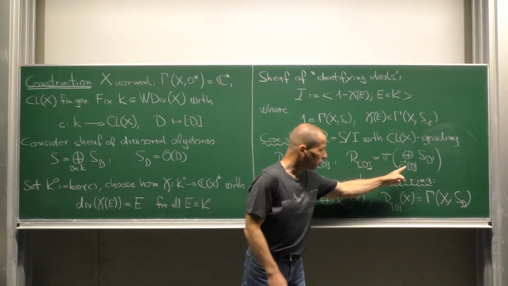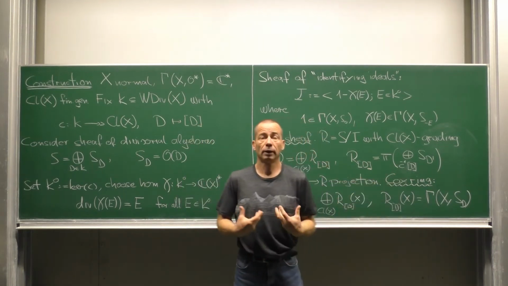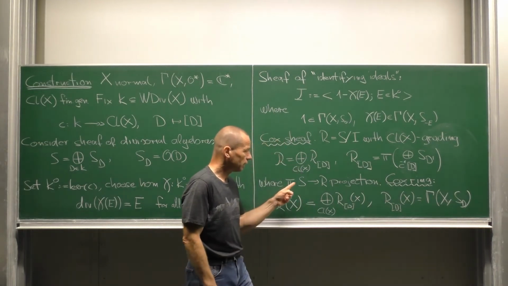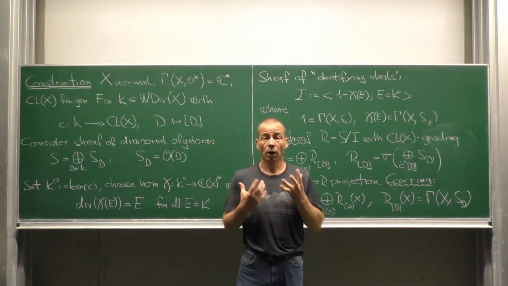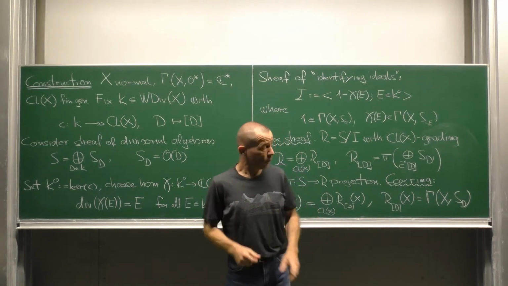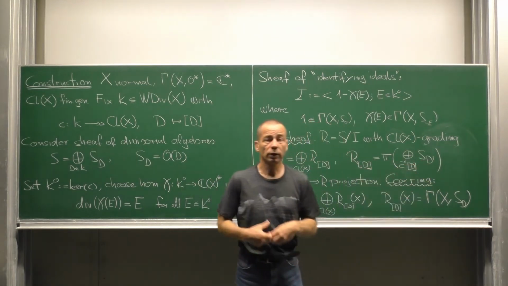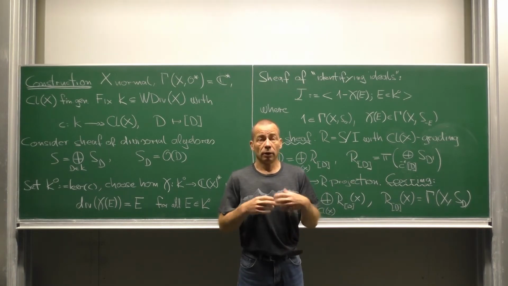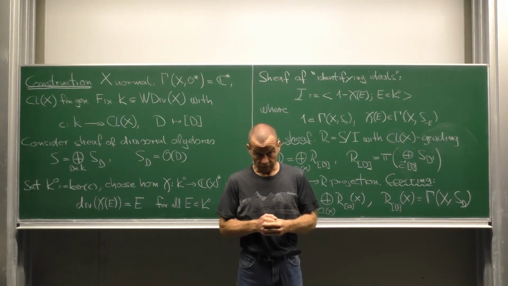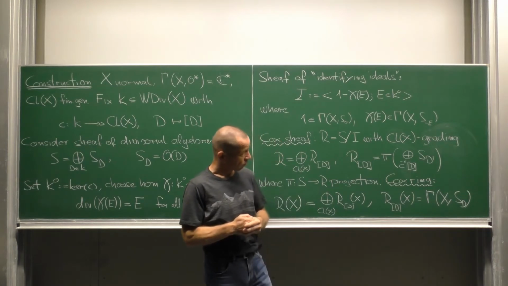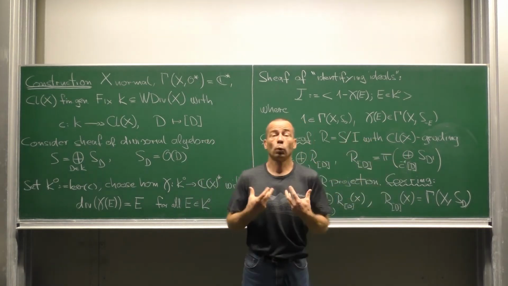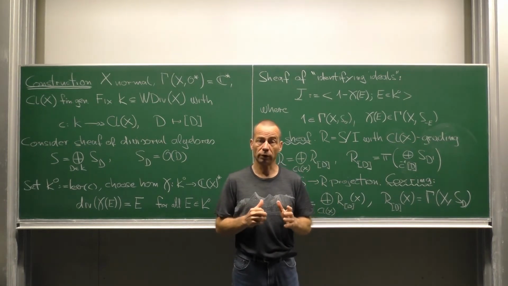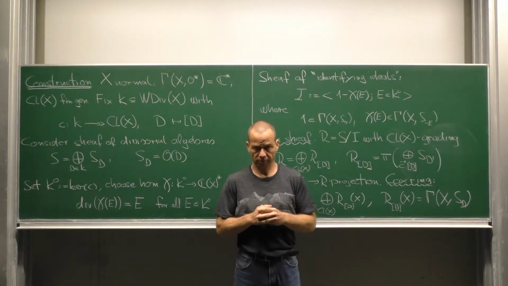The homogeneous component of degree class D is the image under the projection of the direct sum of all homogeneous components of degree D prime, where D prime has the same class as D. So this is the way we identify isomorphic homogeneous components of our sheaf S.